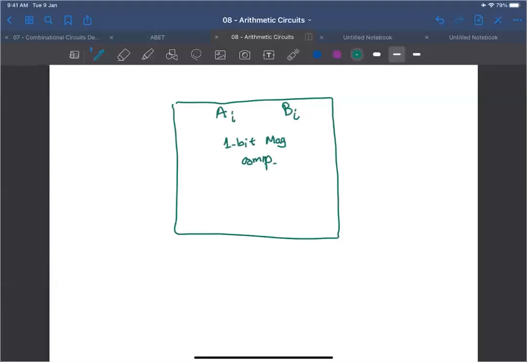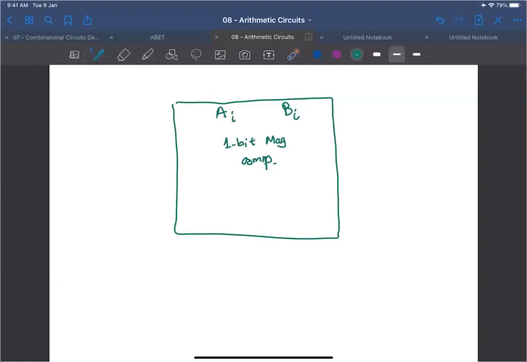But since we are using this at a local level at a bit, while the objective is to design a larger comparator, we have to be able to look at the result of the comparison so far. So we must take the result of the comparison so far into account with the current input.